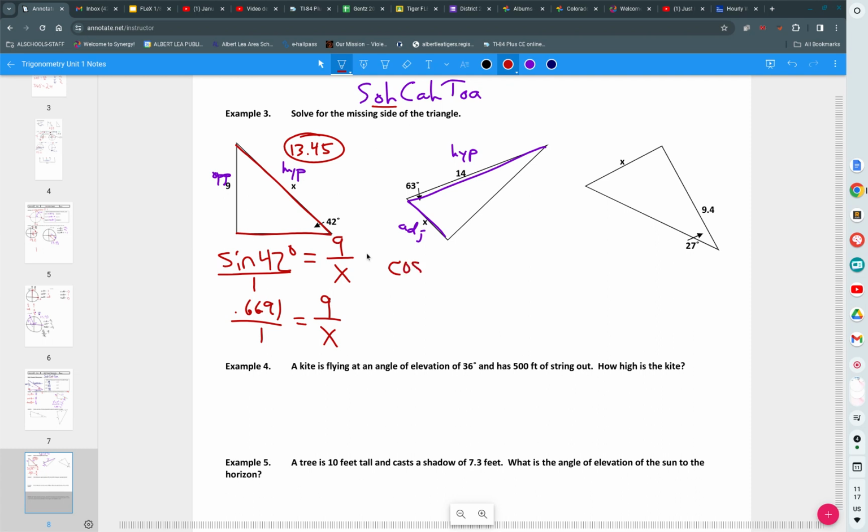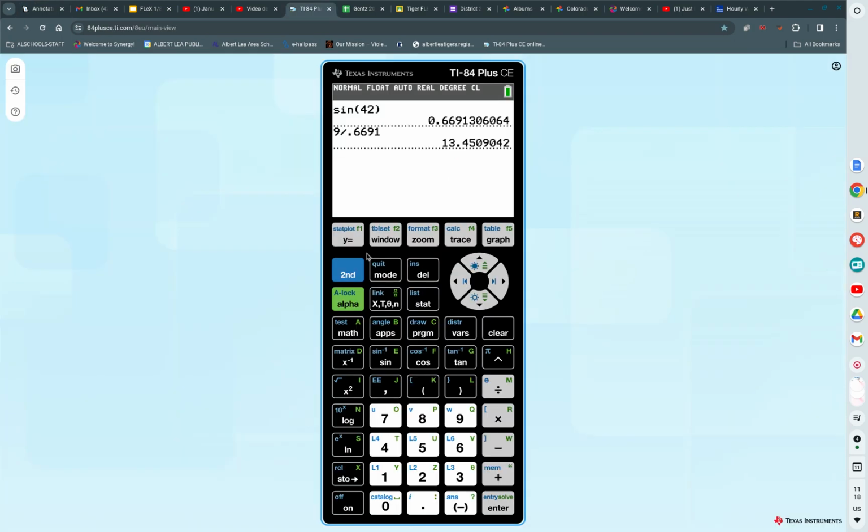So I have cosine of 63 is equal to, is it x over 14 or 14 over x? It's x over 14. Again, I like to write it over 1, come up with a decimal, and cross multiply. So as I go to my calculator, I have the cosine of 63.